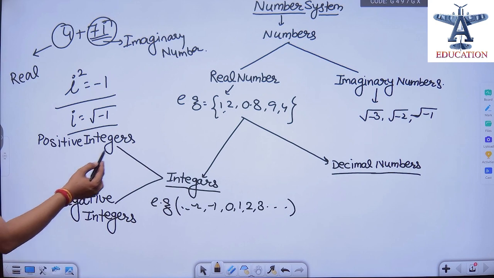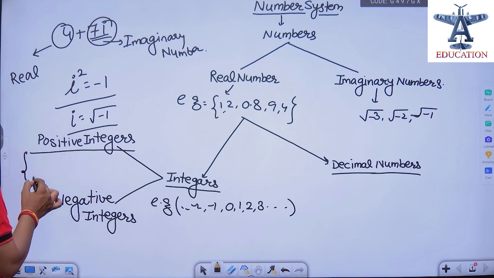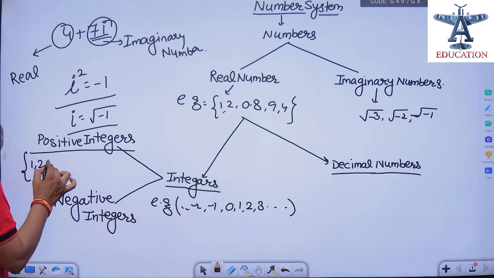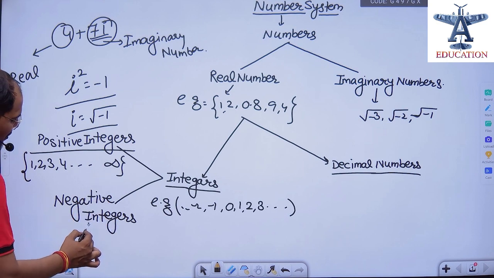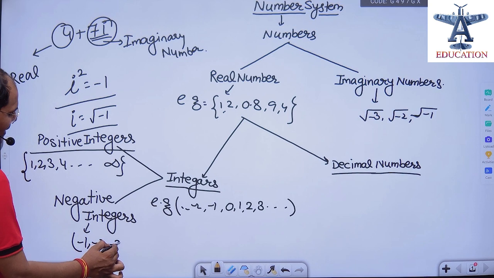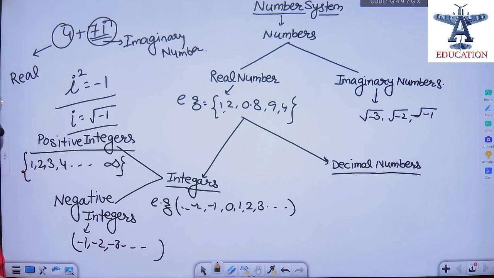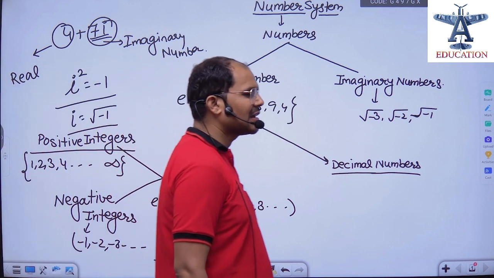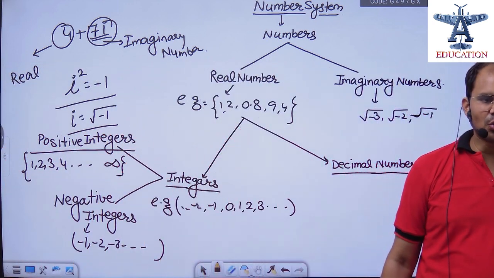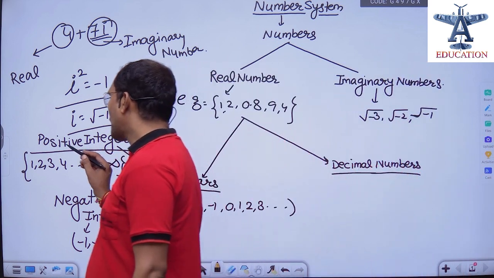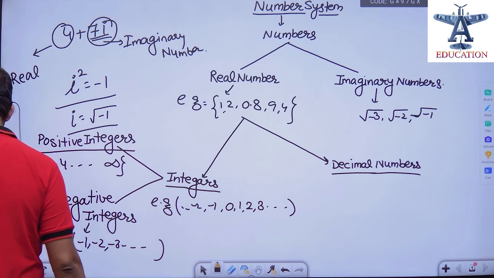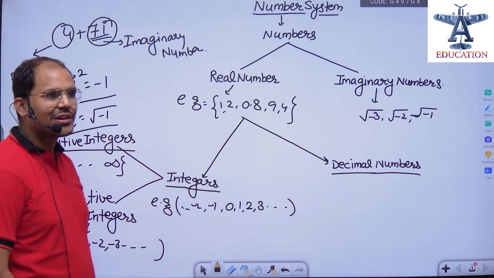When we talk about positive integers, it is 1, 2, 3, 4 up to infinity, and in case of negative integers, it is minus 1, minus 2, minus 3 up to infinity. In both situations, they are not mentioning 0. It means 0 is neither a positive integer nor a negative integer, but 0 is an integer.